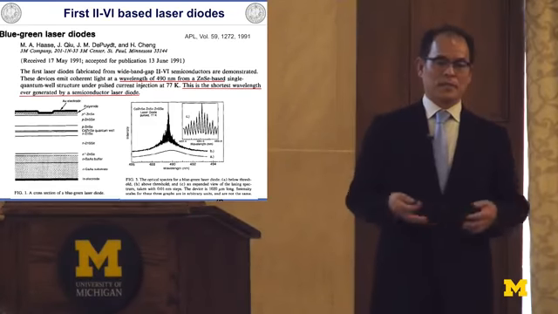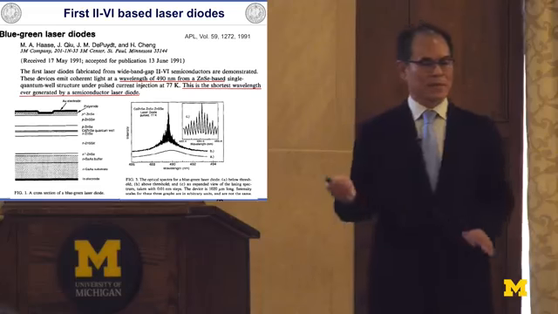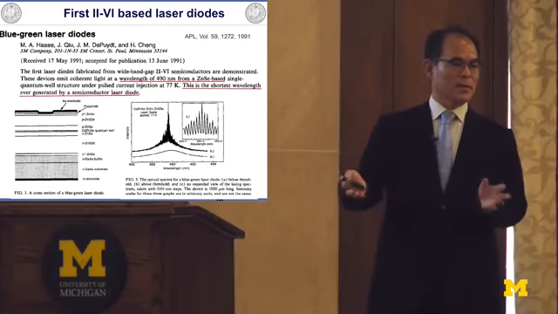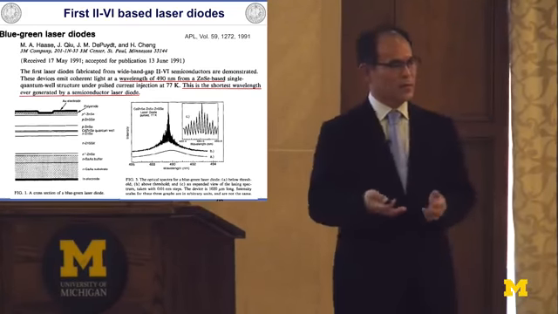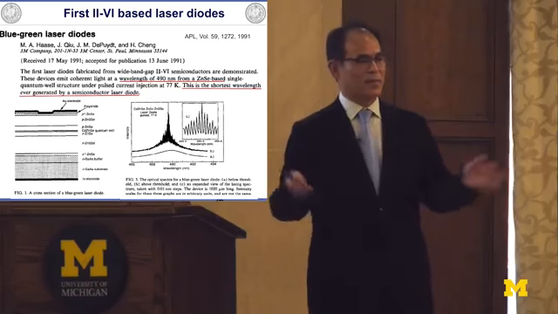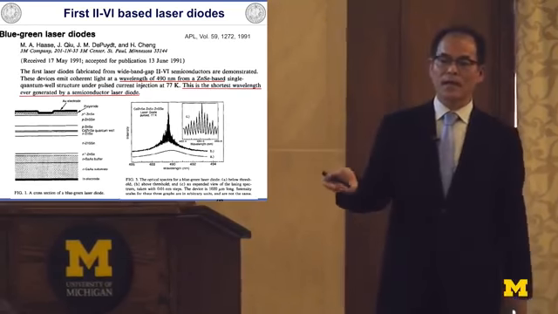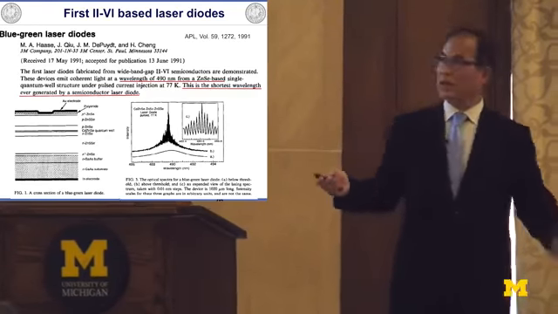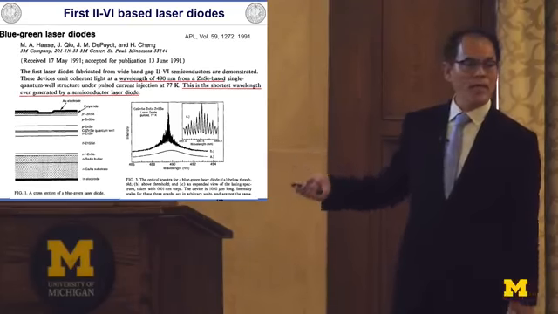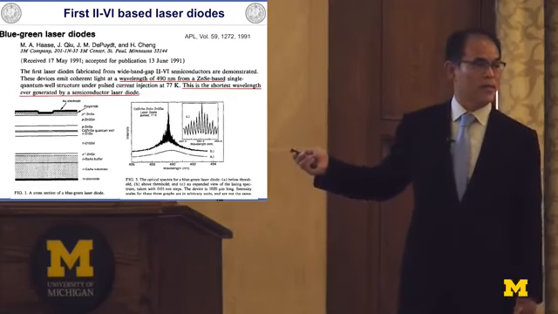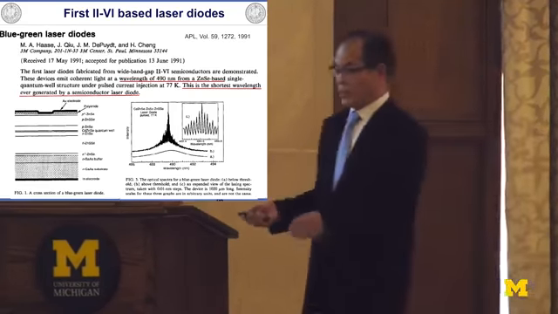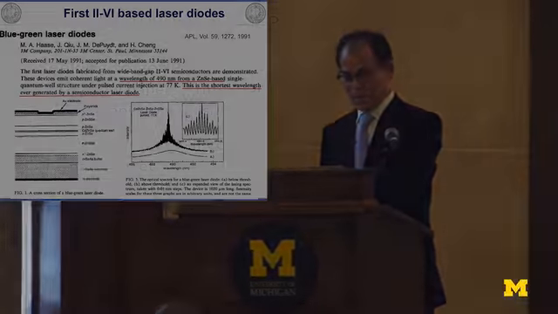To make a blue laser, everybody had to select zinc selenide. If some scientists still worked on gallium nitride, they were crazy. They had to give up. All science magazines and journals said zinc selenide wins. So this was the most cited paper in 1991, 92. That's the reason for 92, in Japan.